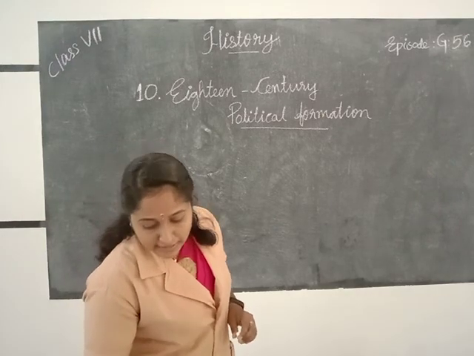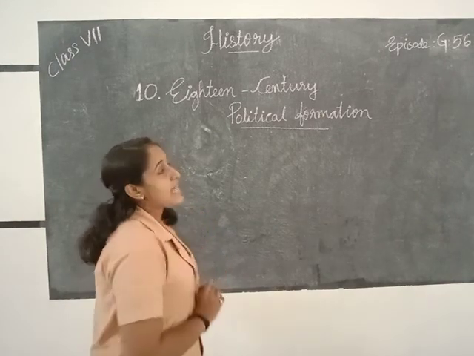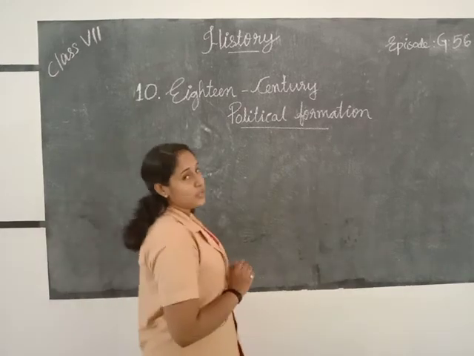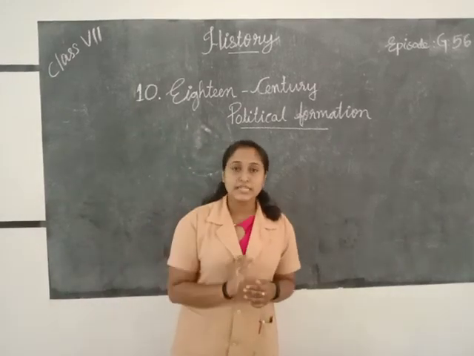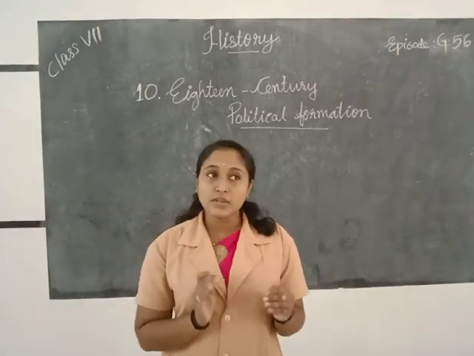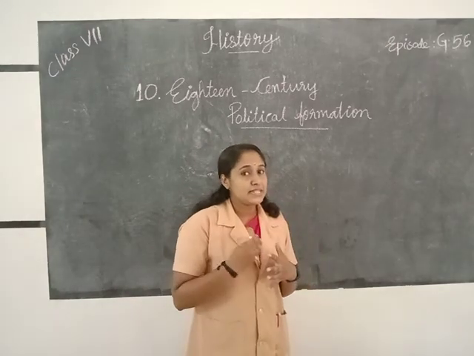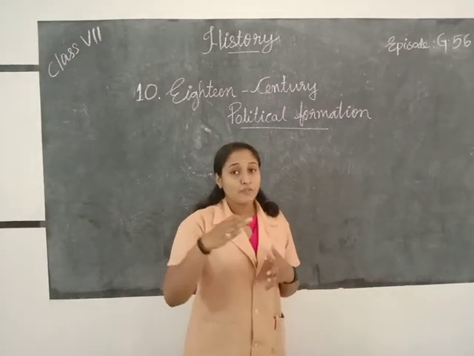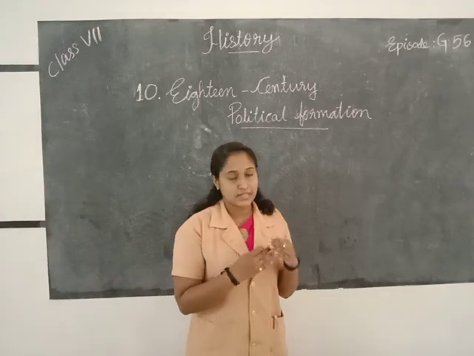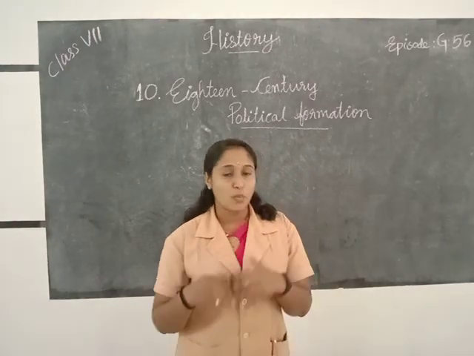And another important thing: by 1765, we know that in the Mughal period we also studied the presence of the British and foreign traders. They wanted to trade in our country.